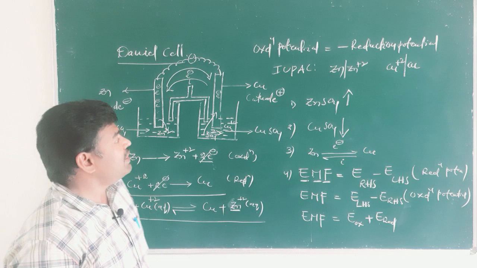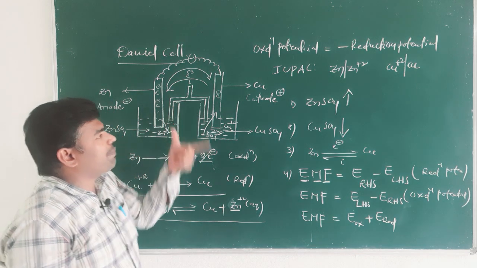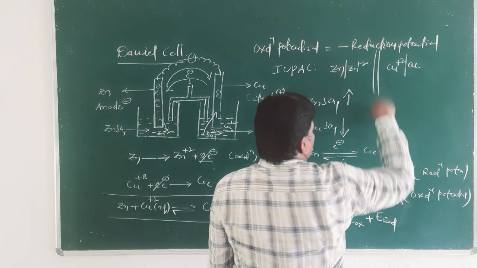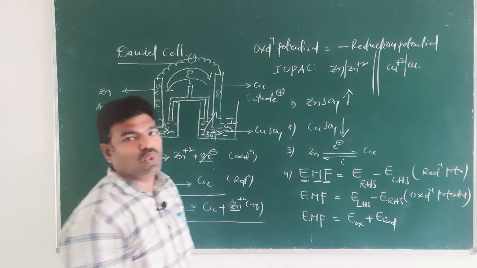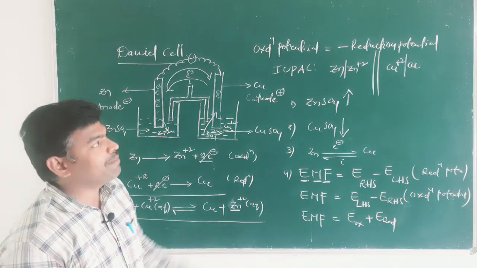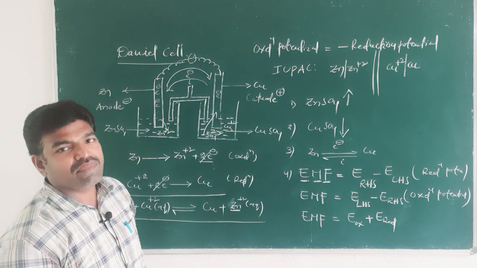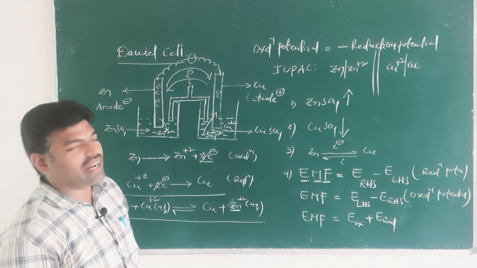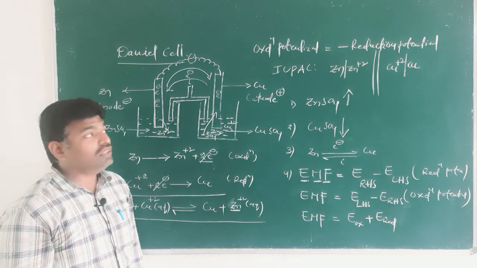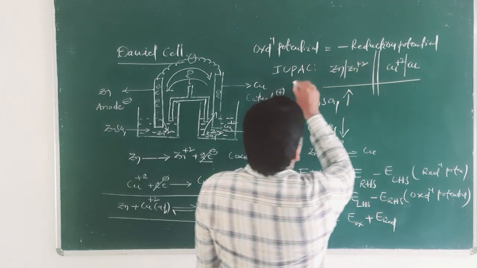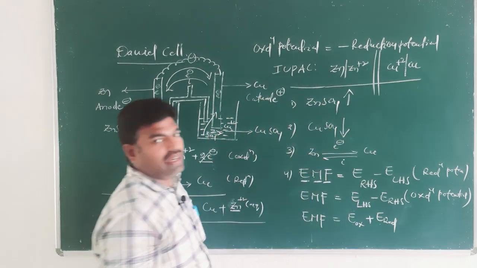Right? And this salt bridge is being represented with two parallel lines. That two parallel lines indicates the salt bridge, right? Okay, so this is the representation of Daniell cell.